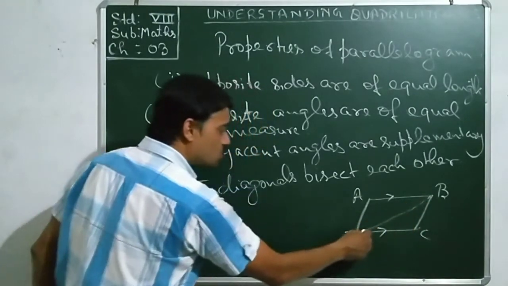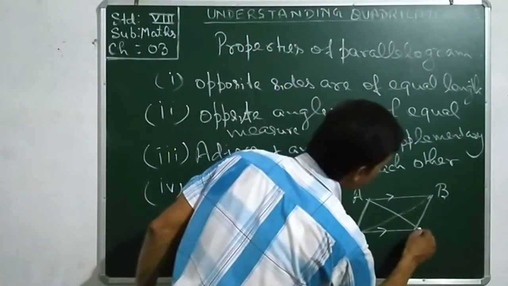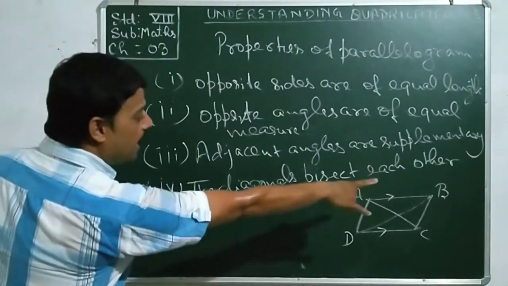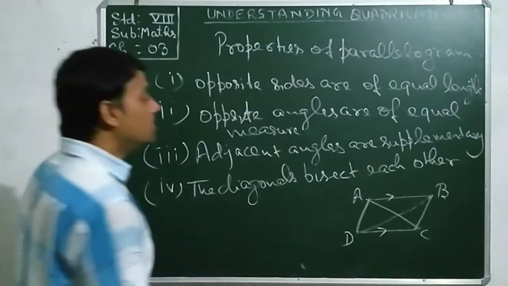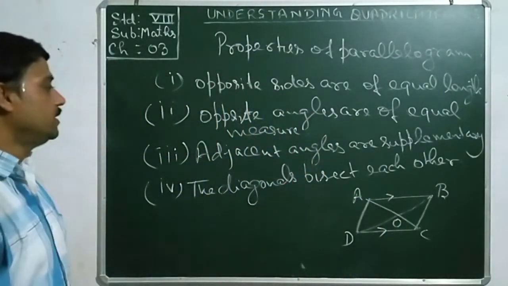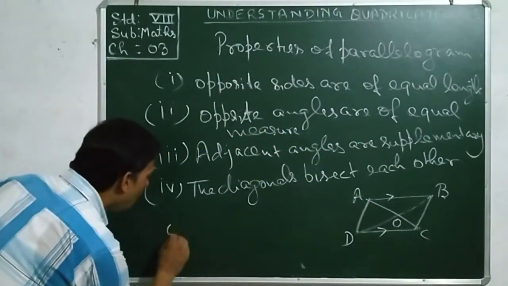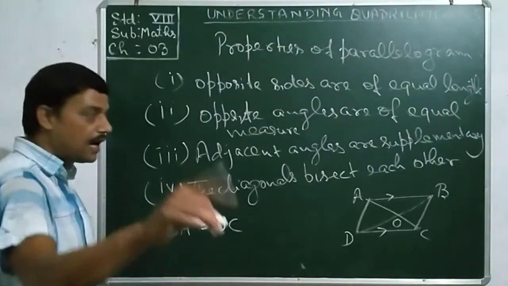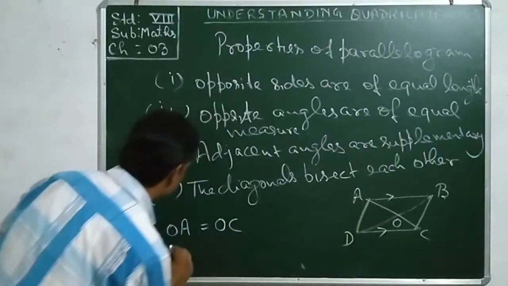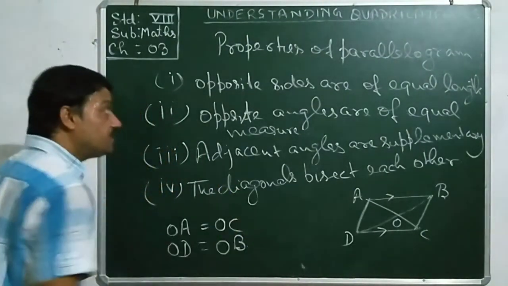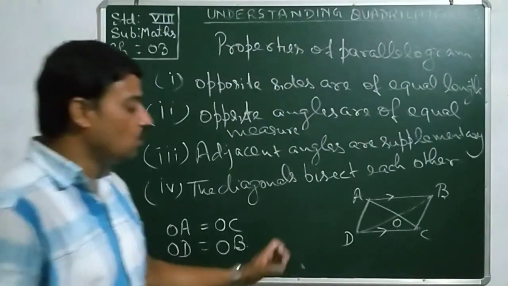So if AC and BD are two diagonals which intersect at O, that means OA equal to OC and OD equal to OB. These are the properties of a parallelogram.